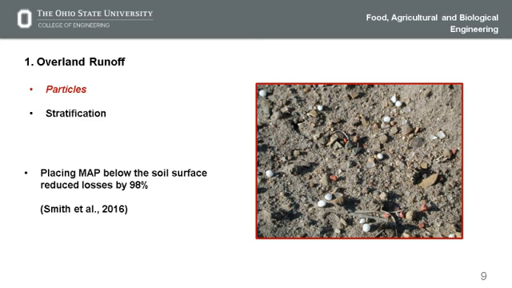Is anybody incorporating that 1 centimeter? That's just a very little bit, but it reduced the nutrient concentrations of that runoff by 98%. That really speaks volumes to how those nutrients are reduced by just a simple incorporation.